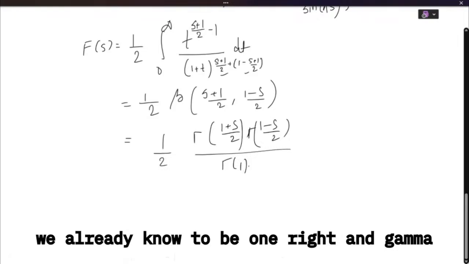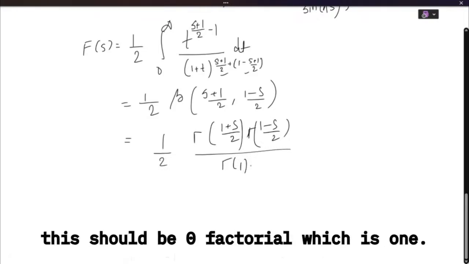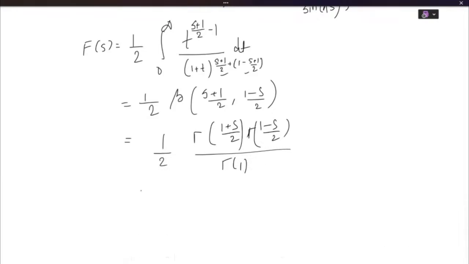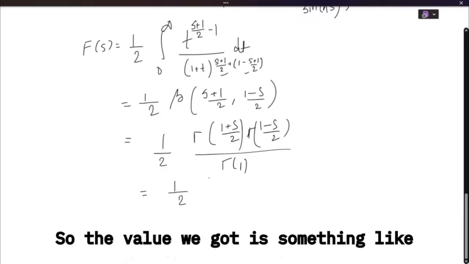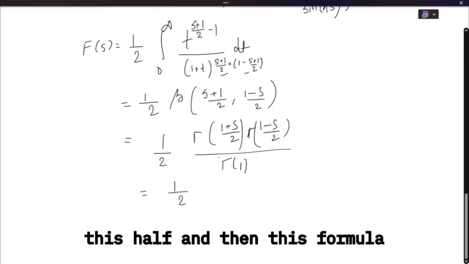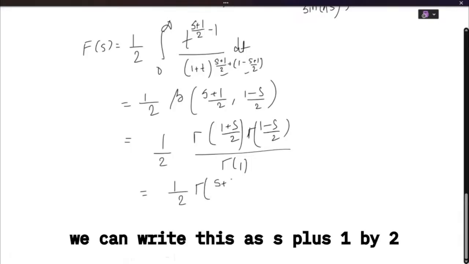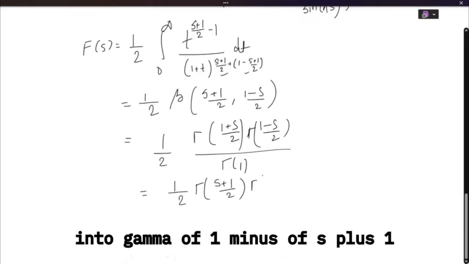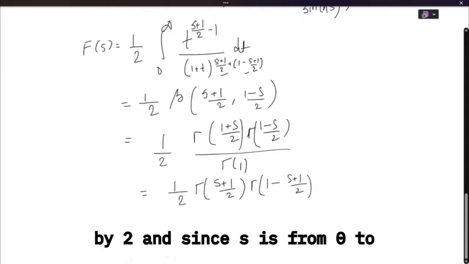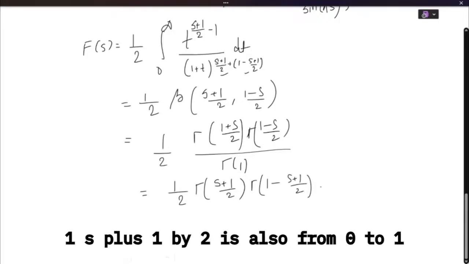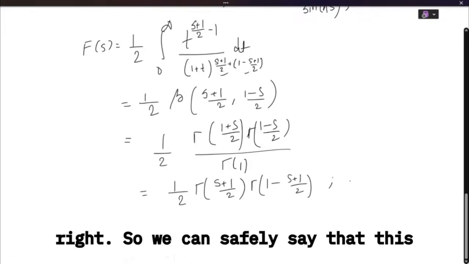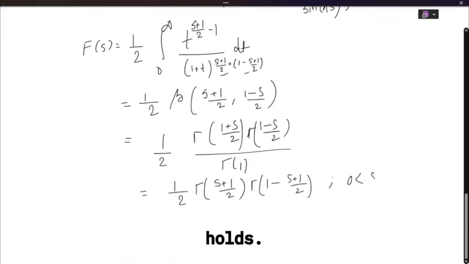And gamma of 1, as you know for natural numbers, is 0 factorial, which is 1. So the value we got is half, and then we can write this as gamma of (s plus 1) by 2 into gamma of 1 minus (s plus 1) by 2. And since s is from 0 to 1, (s plus 1) by 2 is also from 0 to 1, so we can safely say that this holds.